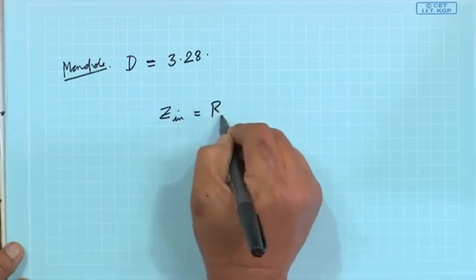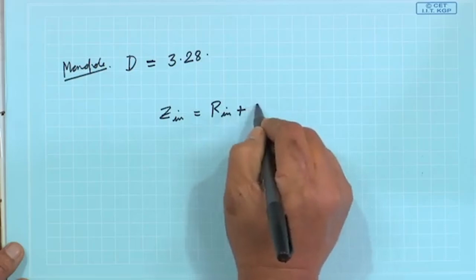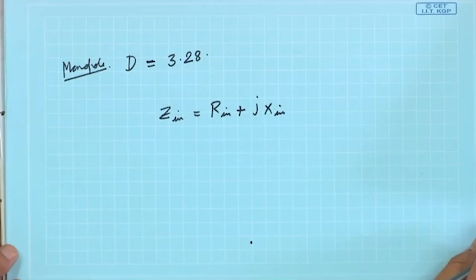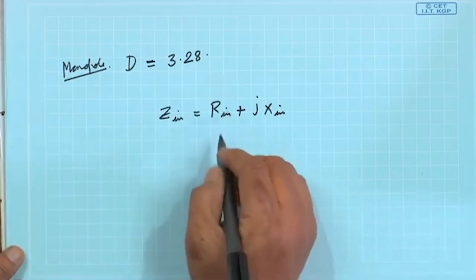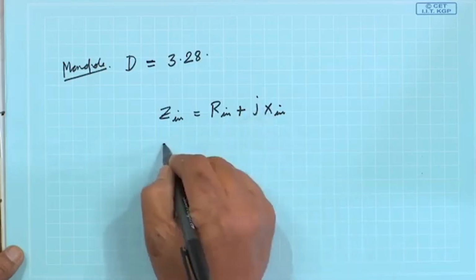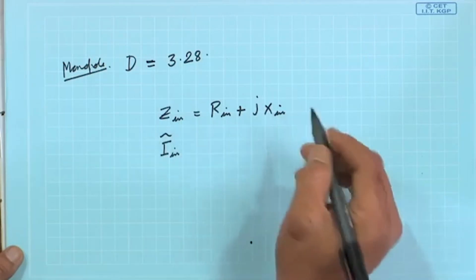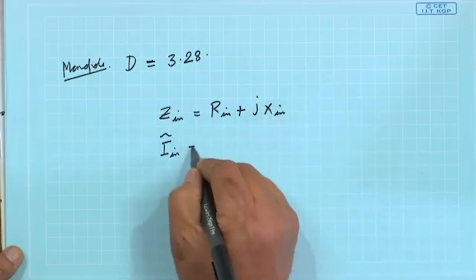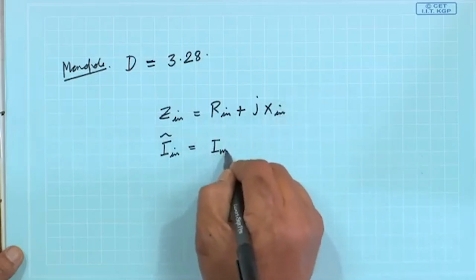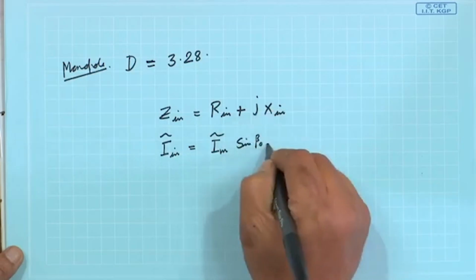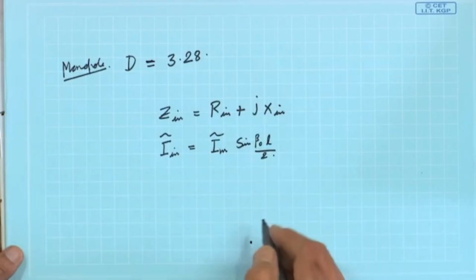We know that Z in is R in plus j X in, and what is the input current? So, I in we can say is I m sin beta naught L by 2.